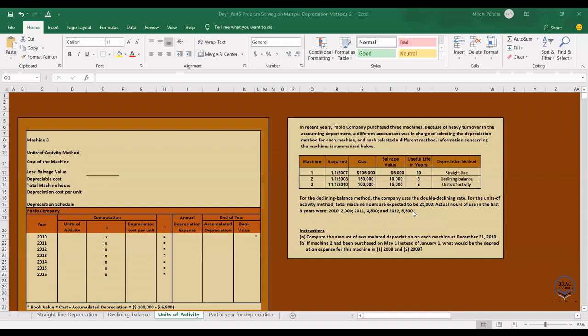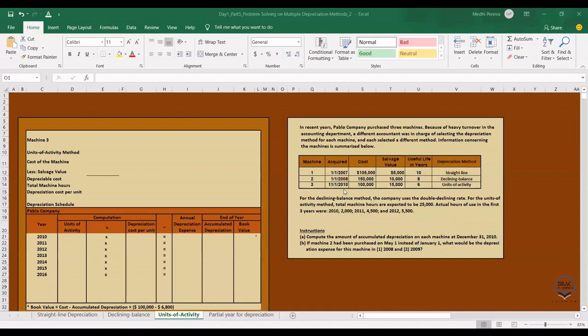So students, I want to draw your attention here because this machine was bought on 1st of November 2010 and the accumulated depreciation has been asked for December 31st, 2010.